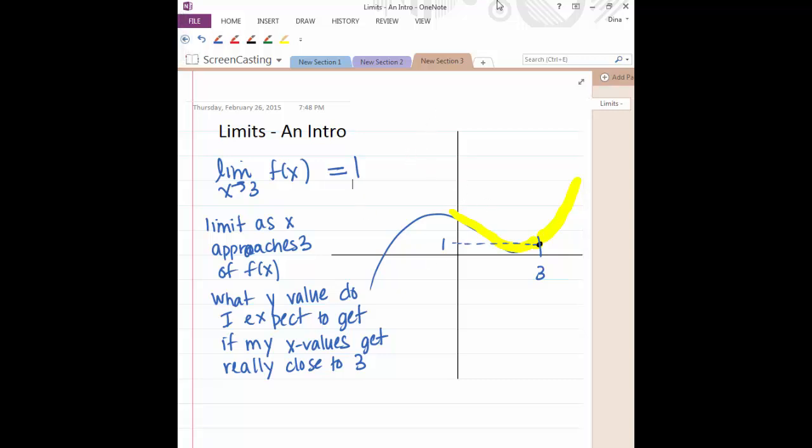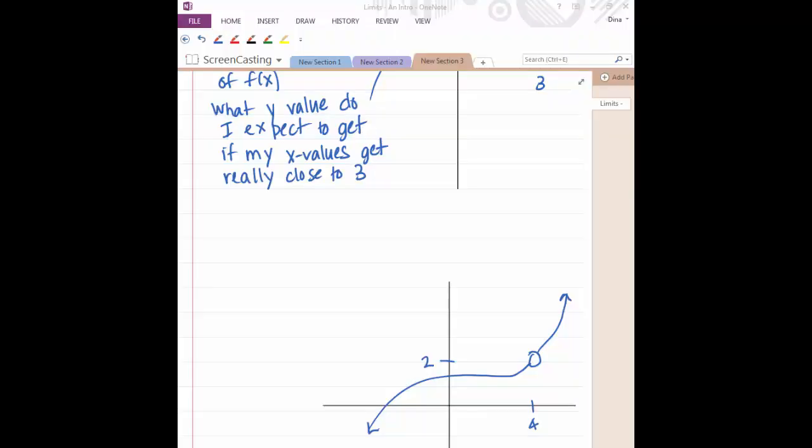Okay, so now let's try another function. Let me draw another picture for you. Okay, so now let's look at another example, another function.